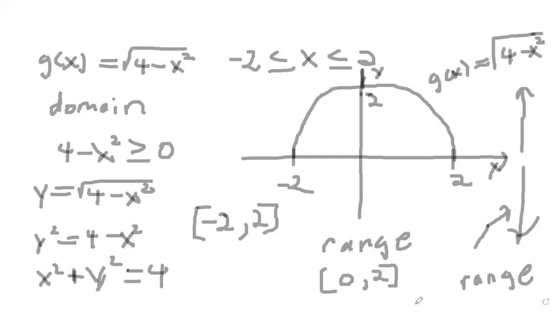So the whole point of this is really not to focus on the domain. Most people generally get the domain, but it's the range. Range can be difficult at times if you don't graph it. Every approach to a problem is not the same, so to ensure you got the right thing, you probably want to graph it to get the range, so you can see what it looks like.